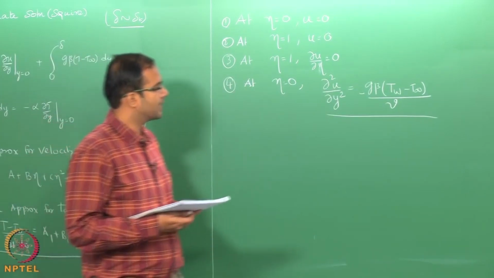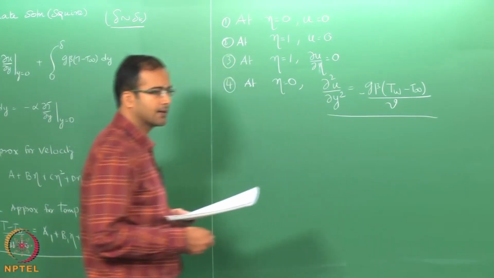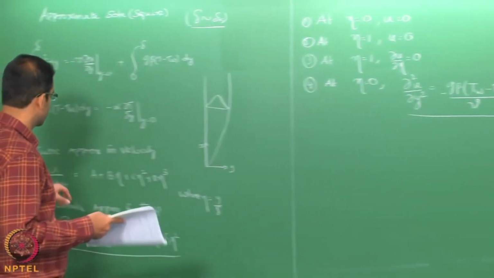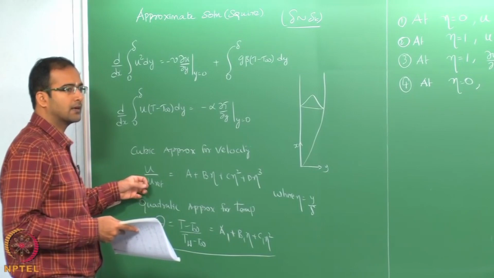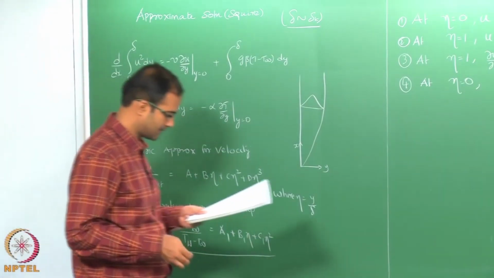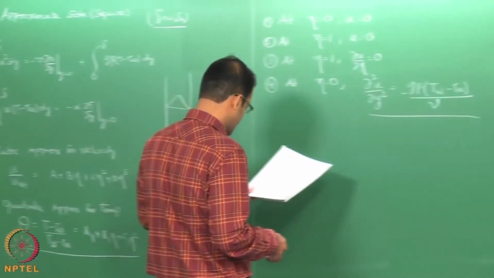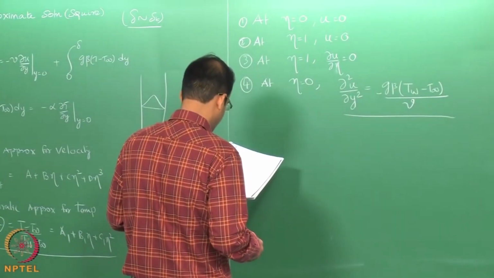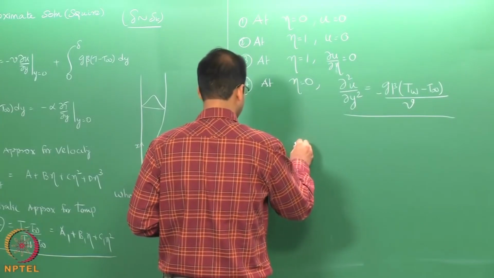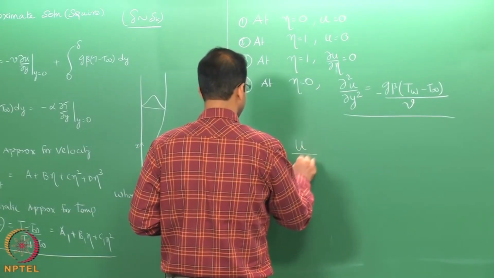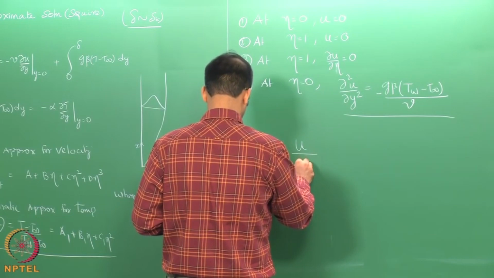So, therefore, now we have 4 boundary conditions. We can substitute into this polynomial here and try to find the 4 constants or coefficients. I will list down the final profile after you do all the manipulation.